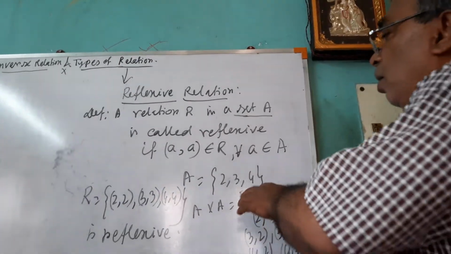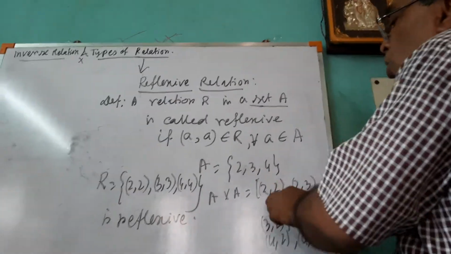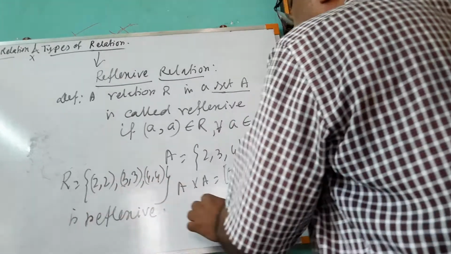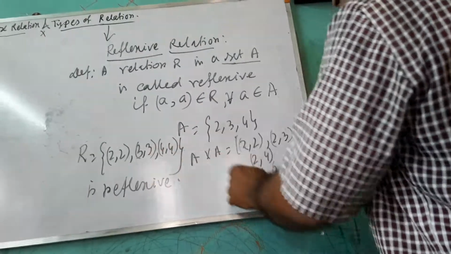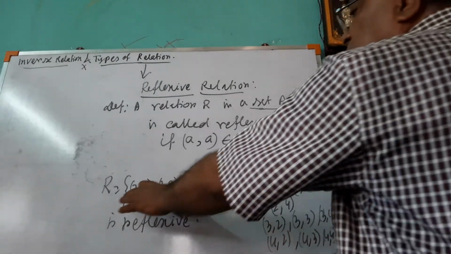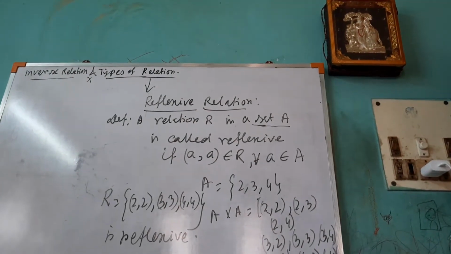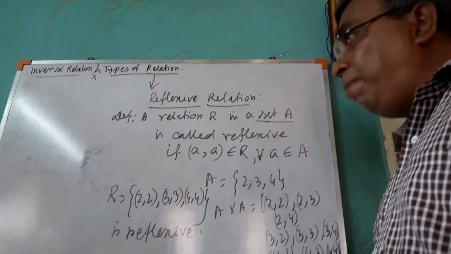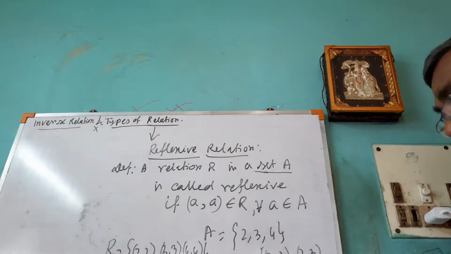There are 3 elements, 2, 3, 4, and all of (2,2), (3,3), (4,4) belong to A cross A. So we can say R is reflexive.